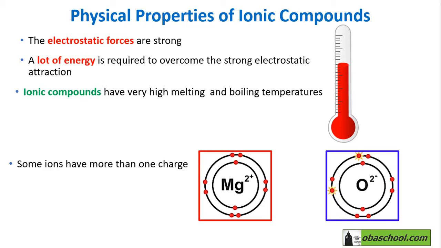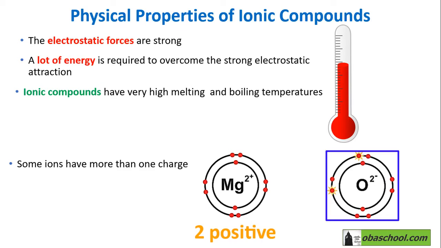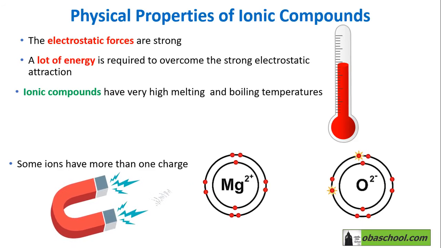Mg doesn't have only one charge, it has two positive charges, and the same for O, it has two negative charges. These highly charged ions will attract other ions more strongly than ions with one charge. More energy will be needed here also to overcome the electrostatic forces of attraction, and so the melting point will be higher.